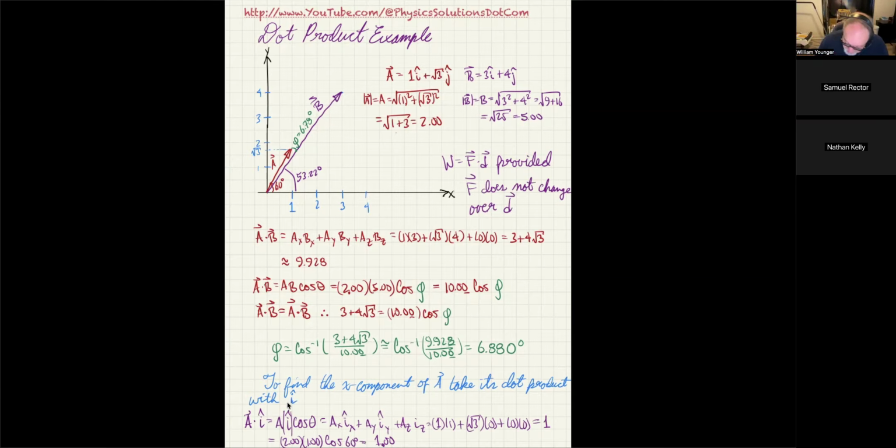If that's the case, then work is just equal to F dot D, which we just showed you how to do.